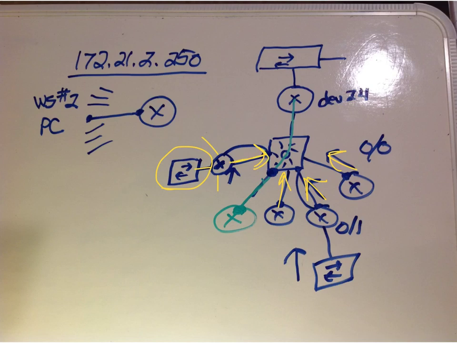If this router can't find it, it defaults to here. If this one can't find it, it defaults to here. Once it hits the firewall, the firewall will decide: does it belong in one of the other networks here in our area, or send it towards the internet.